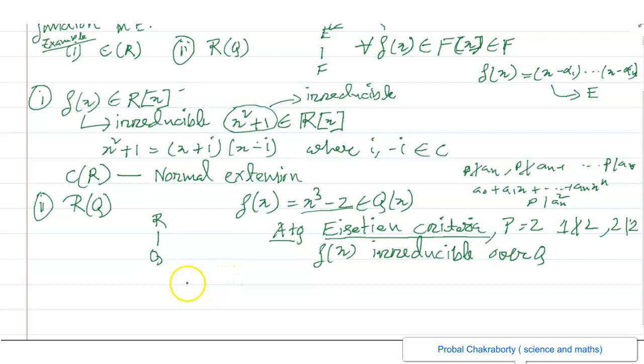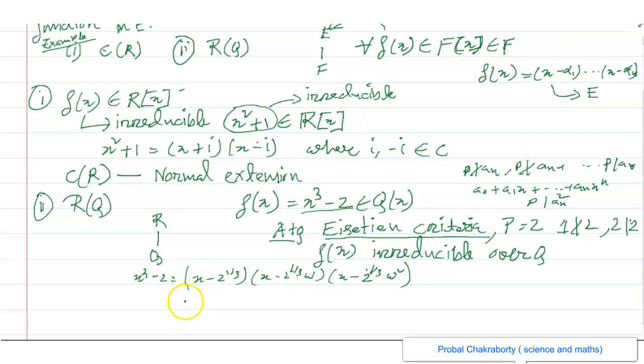And here we see that when we split x cube minus 2, it equals (x minus 2 to the power 1/3)(x minus 2 to the power 1/3 omega)(x minus 2 to the power 1/3 omega square). This is the formula.